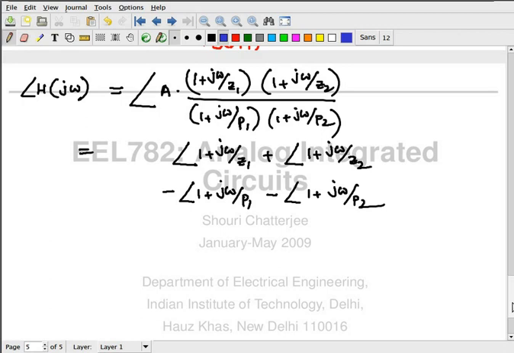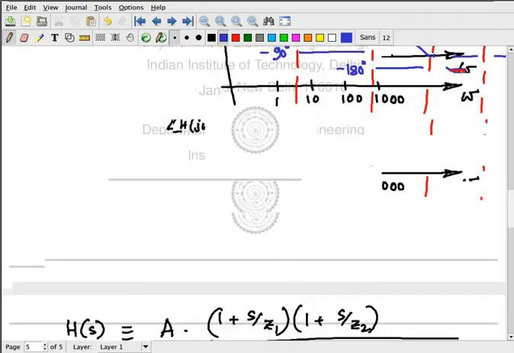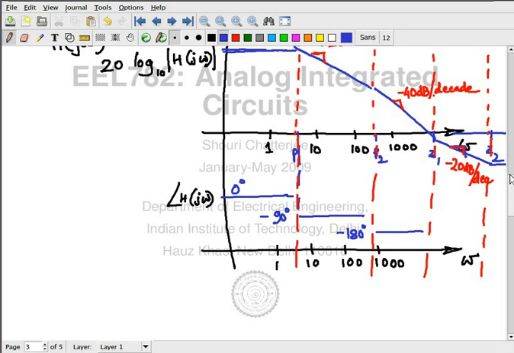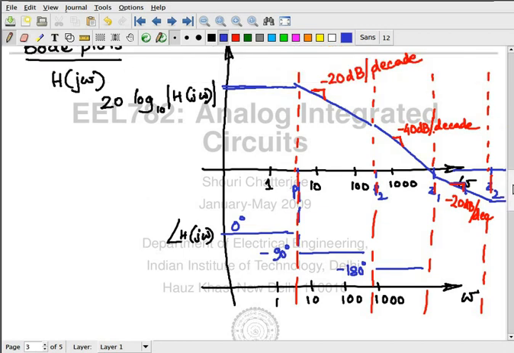You want left half plane poles. Zeros can be here and there. So depending on the sign of the zero, the phase is either going to increase or decrease. Okay? So this is basically how we draw the phase plot and the magnitude plot. Combined together, it's called the Bode plot. Both the magnitude and the phase. Okay, shall we stop here?